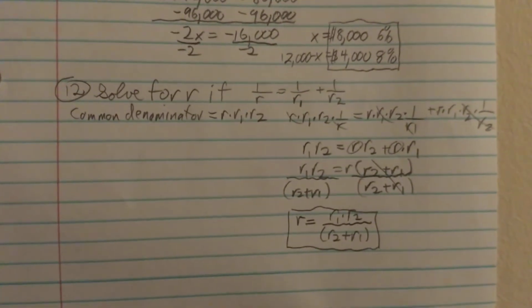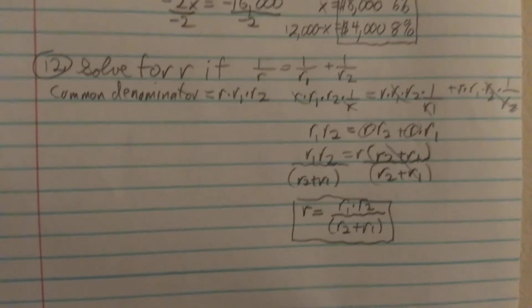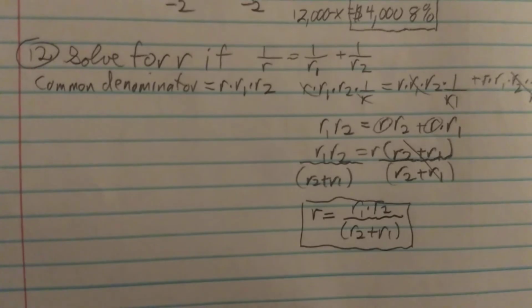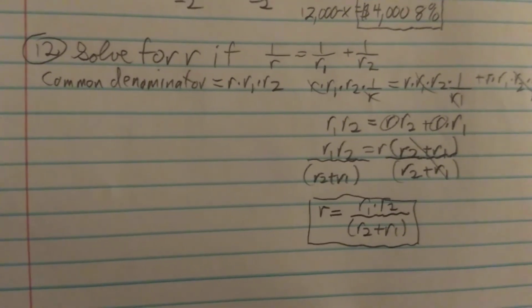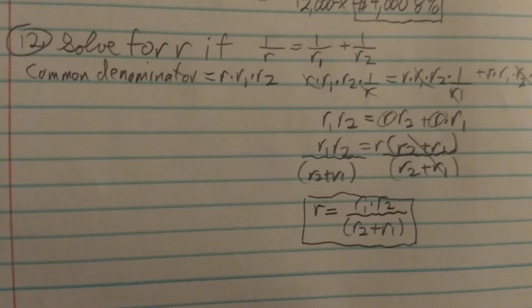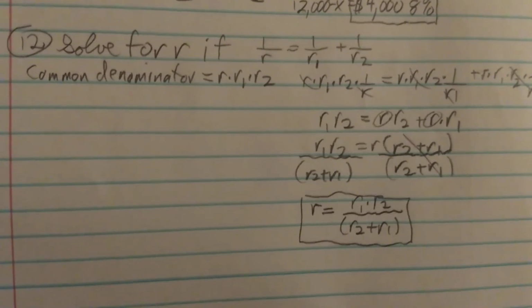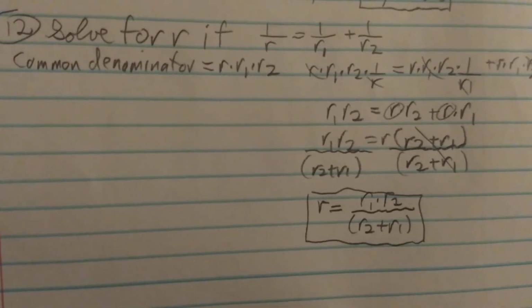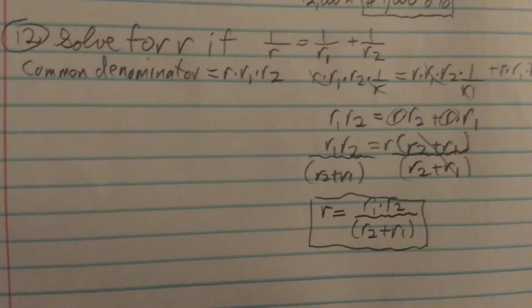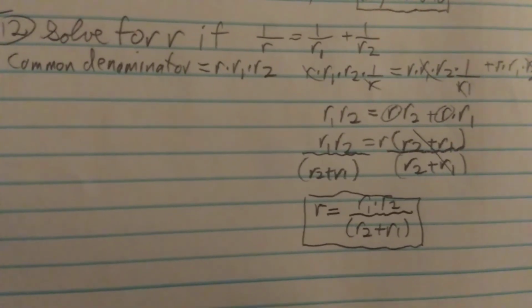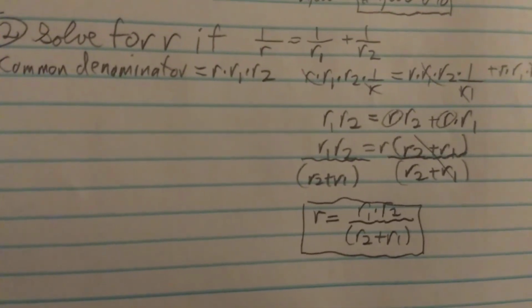Now the last problem for the quiz is solve for r if 1 over r equals 1 over r1 plus 1 over r2. Now we have to treat r, r1, and r2 as though they were x, y, and z, 3 different letters. So the common denominator that I have to multiply by is r times r1 times r2.